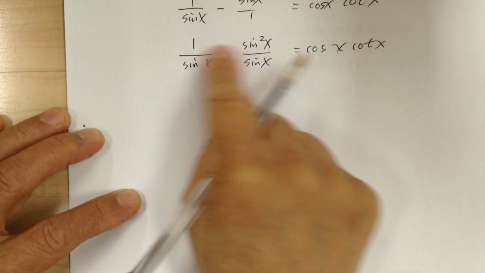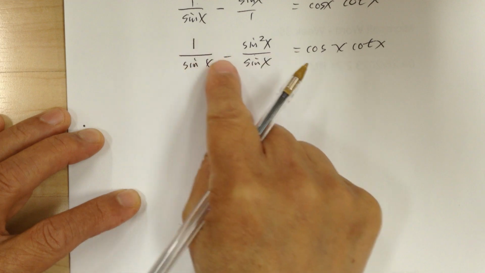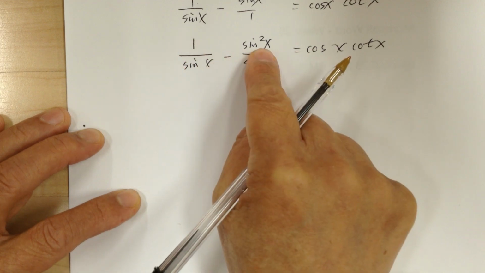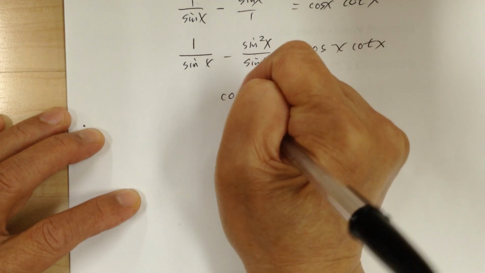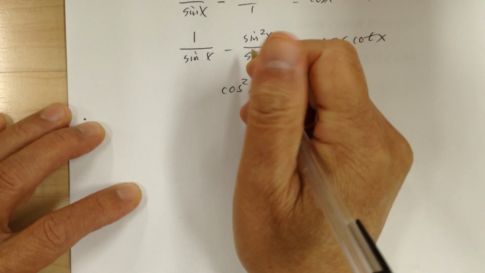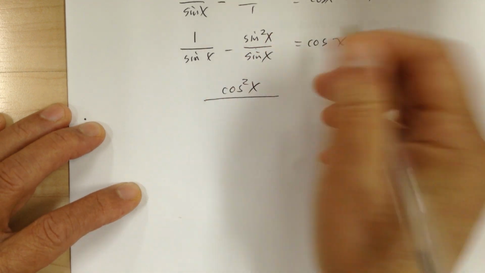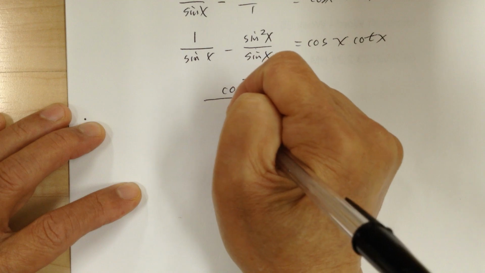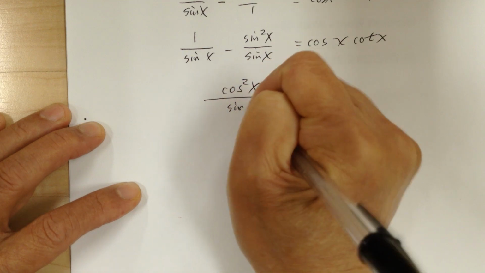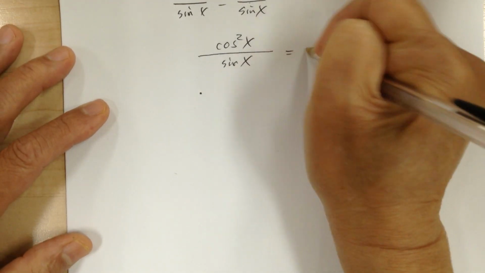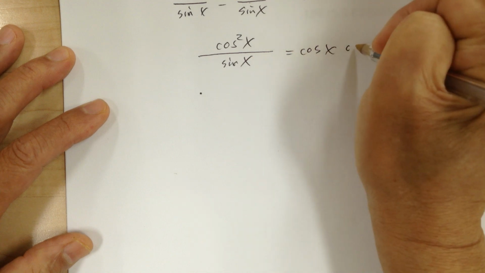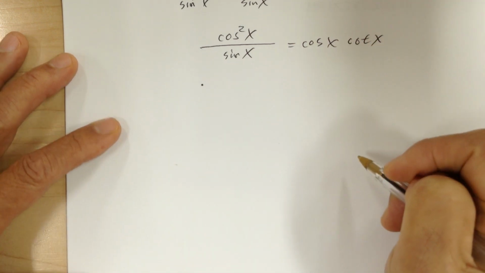Now when you subtract, 1 minus sine squared x will give you cosine squared x.